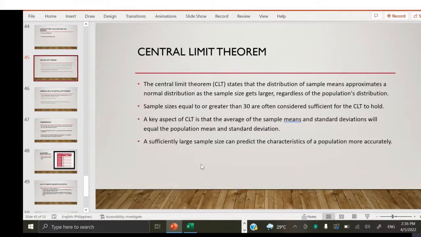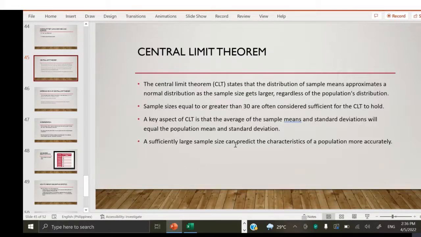Sample sizes equal to or greater than 30 are often considered sufficient for the CLT to hold. So according to this, 30 is okay. That would be sufficient to approximate a normal distribution.